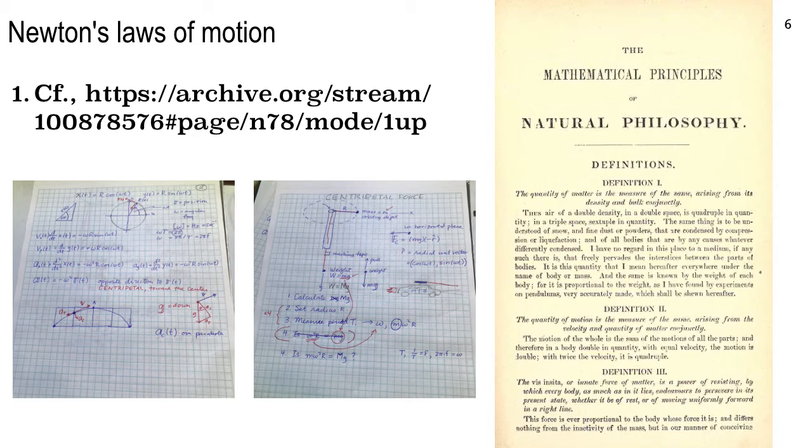Now we're going to work out a problem or two here. First of all, we know that x of t for circular motion is equal to capital R times the cosine of omega t, and that y of t is equal to capital R, the radius of the circle, times the sine of omega t.